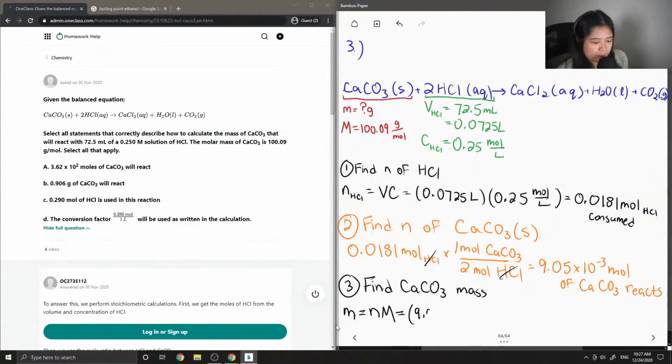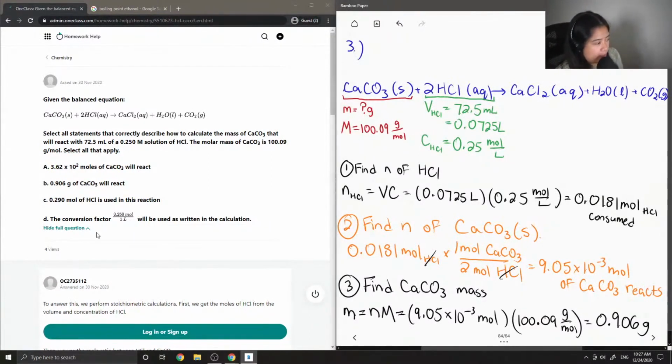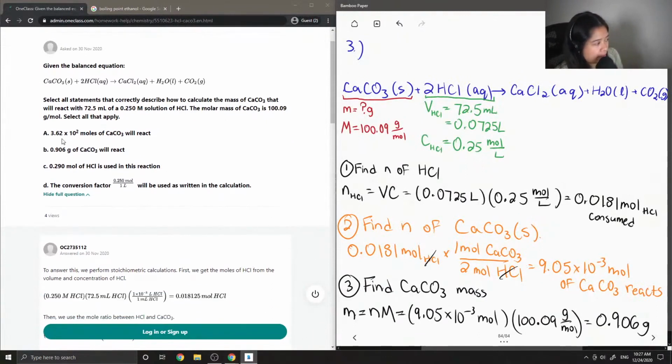So it is 9.05 times 10 to the negative 3 moles, and the molar mass was given in the question, 100.09 grams per mole. Multiplying the two gives us a mass of 0.906 grams.